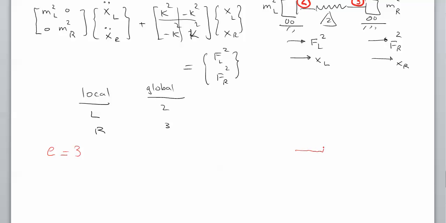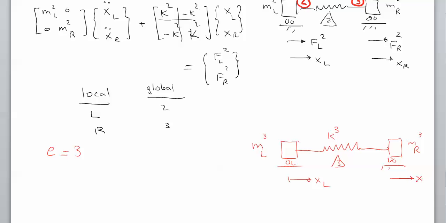Well, element number 3 is also a mass spring. Looks like this. This is element 3 with a stiffness K3. This is ML, always a left one, but from element number 3. This is always the right mass, but from element number 3. The displacements are X left, X right.